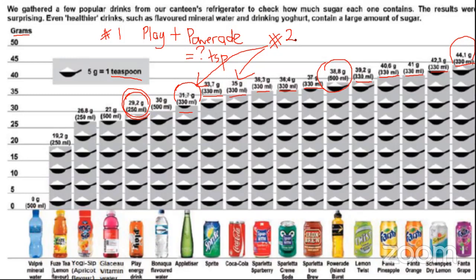Again, I'm giving you guys a minute. You guys were very, very quick for the first one. So again, tell me how many teaspoons guest 2 consumes, if guest 2 consumes an appetizer and a Coca-Cola. Remember, for the first one, the correct answer was 13.6 teaspoons.